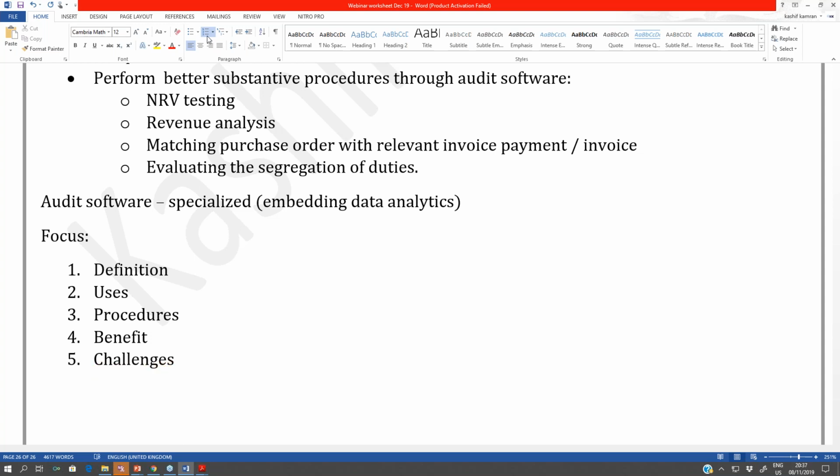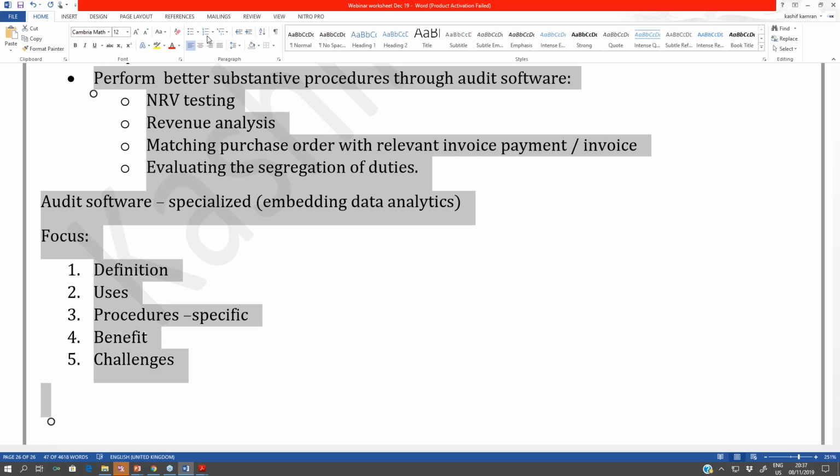So try to make notes of the definition, try to make notes of the uses of data analytics, try to make notes of some specific procedures. What if the examiner asks you, recommend some specific procedures using data analytics? So can you recommend some of the specific procedures using data analytics? You can write all this in the exam paper, right? Which is the one given by the examiner.